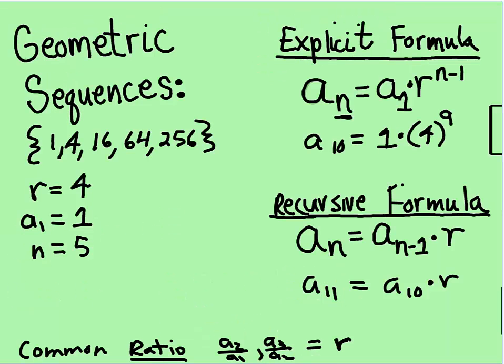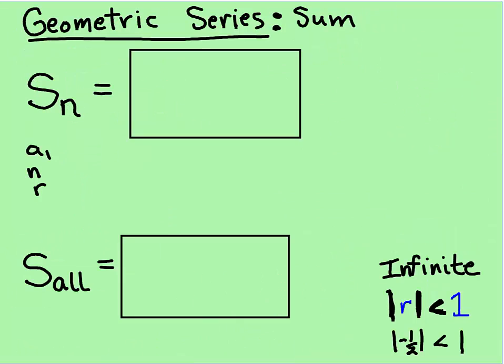Okay, so the explicit formula tells us that we need to know the number of terms, the first term, and the common ratio. The recursive formula tells us all we need to know is the previous term times the common ratio.